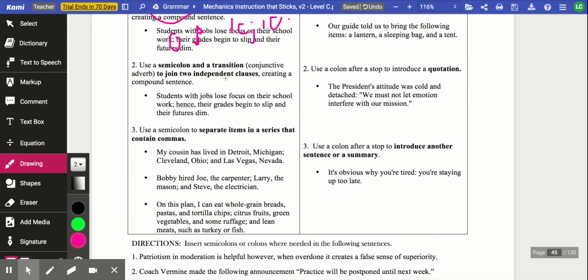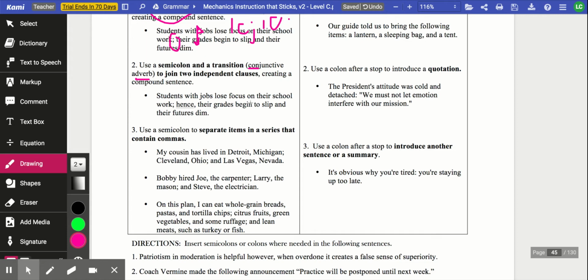Use a semicolon and a transition, also known as a conjunctive adverb, to join two ICs, creating a compound sentence. Now, folks, what I want you to notice is that there are actually two pieces of punctuation in this compound sentence construction.